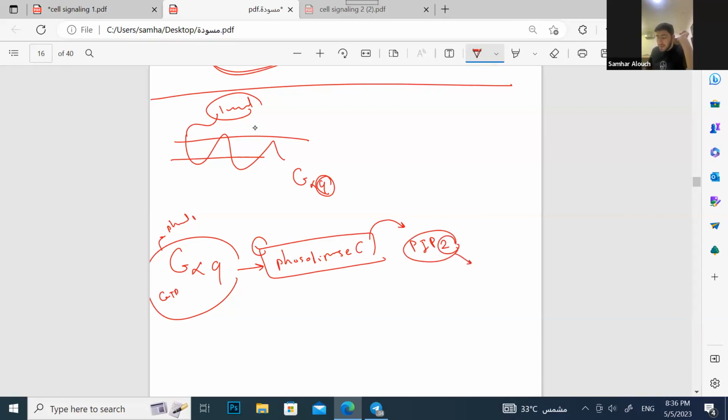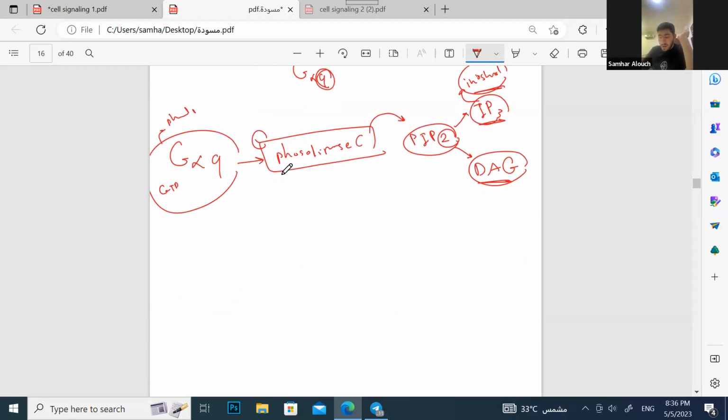First thing is DAG. The other thing is IP3, inositol triphosphate. So phospholipase C got activated by G alpha Q, and breaks PIP2 into IP3 and DAG.